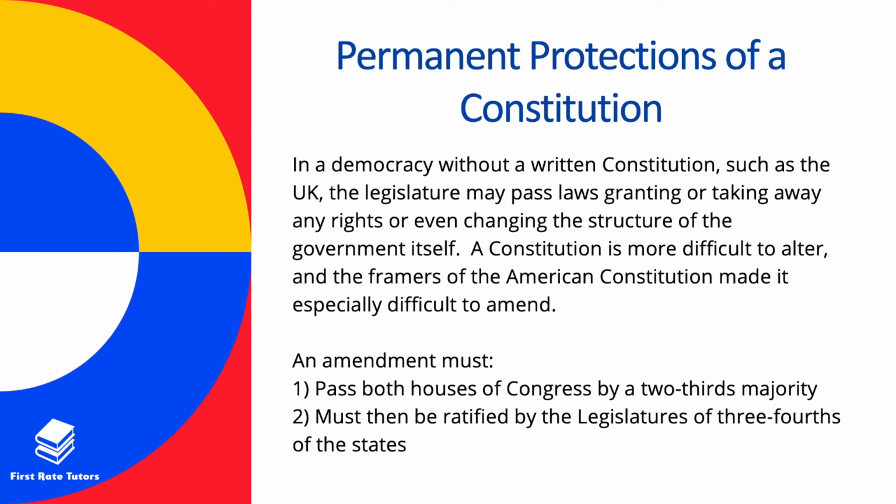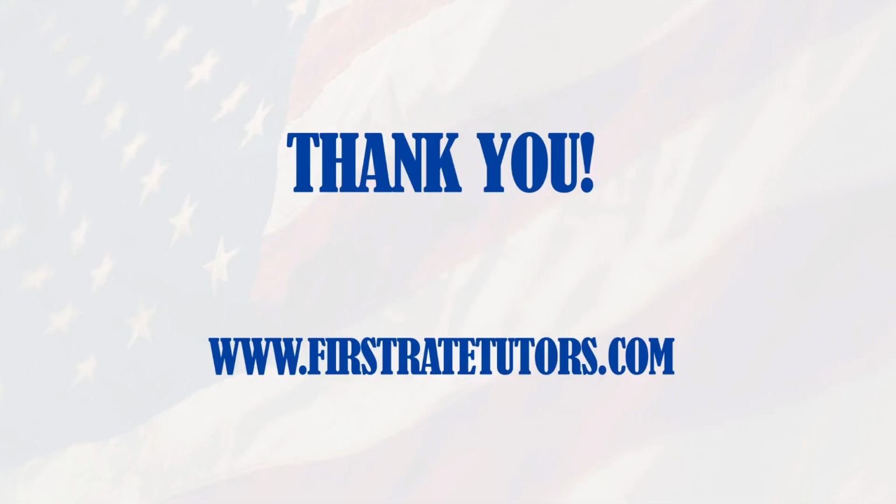However, a constitution such as the US one is far more difficult to alter, and the framers of the American Constitution made it especially hard to amend. Do you remember that an amendment must pass both houses of Congress with a 2/3 majority, and it must also be ratified by the legislatures of 3/4 of the states.